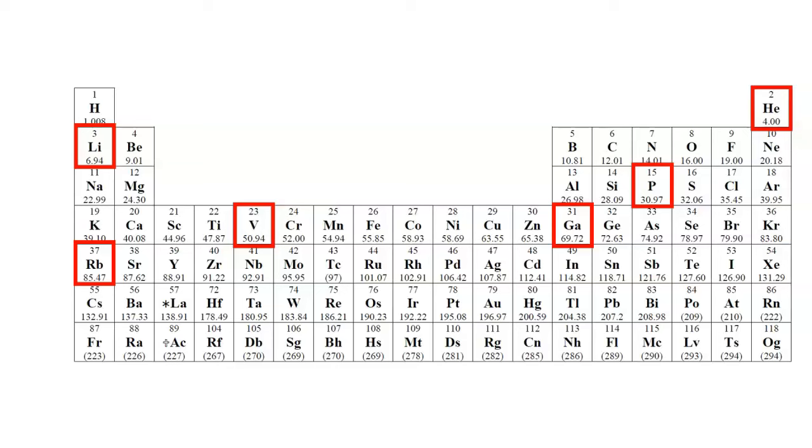Now, we're looking for 2 elements that are located in the same period. A period is a horizontal row on the periodic table. So I've highlighted that vanadium and gallium would be the correct electron configurations that should be circled in Part A.